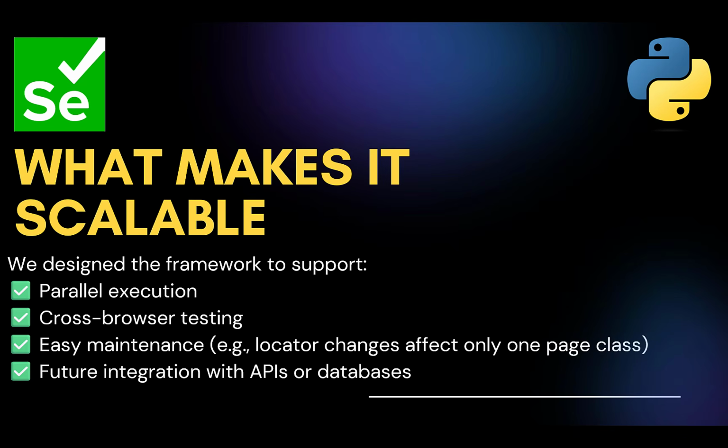And similarly, you can talk about feature integrations. Like tomorrow, if you want to incorporate APIs or databases, how your framework actually supports that. For example, in terms of APIs, we just need to import the Rest Assured libraries, and again we can utilize those libraries to automate the APIs, right?